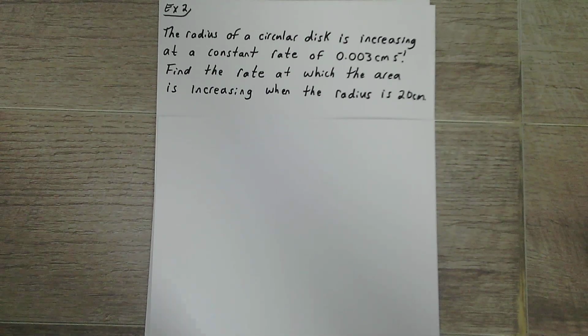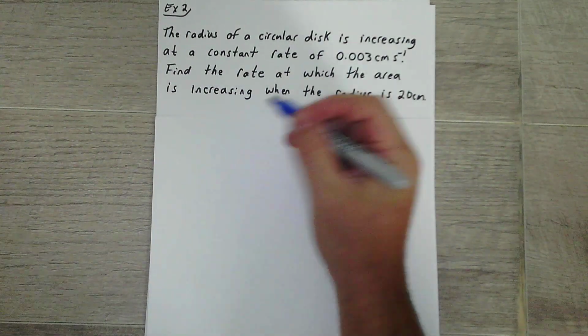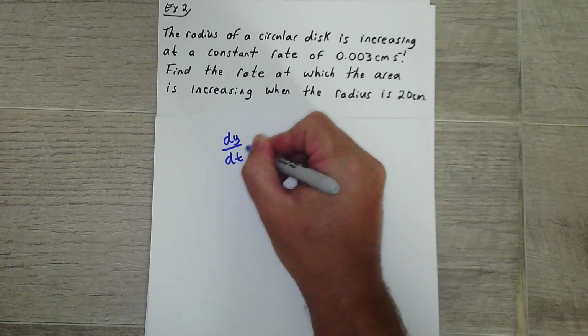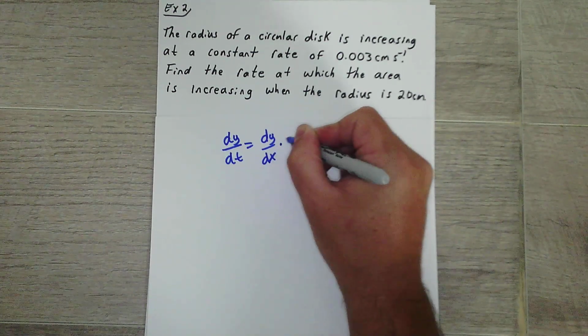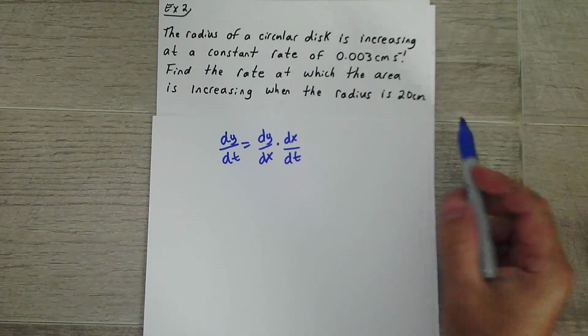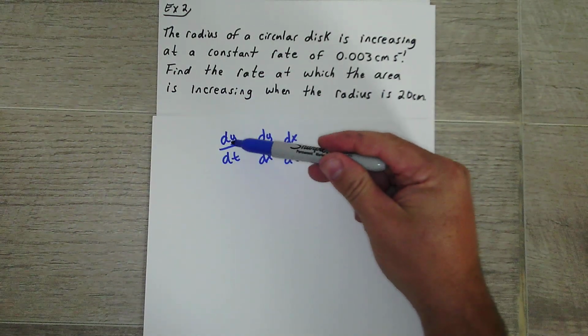Alright, so if we're doing rate of change, then we know we're going to have to deal with the rate of change equation. So dy/dt equals dy/dx times dx/dt. Okay, how do you read this? Remember, what does dy/dt mean?